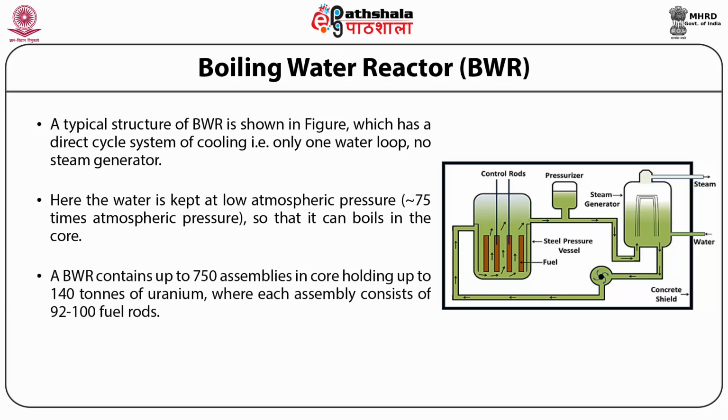A BWR contains up to 750 assemblies in the core holding up to 140 tons of uranium, where each assembly consists of 92 to 100 fuel rods. Ordinary water flows through the reactor core, creating high quality steam, which is dried at the top of the reactor vessel.